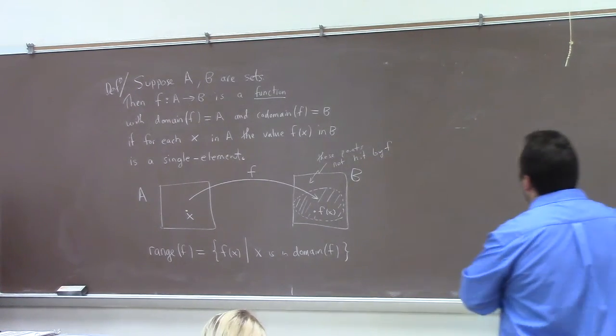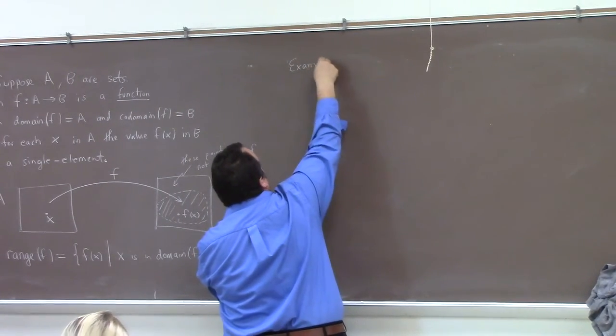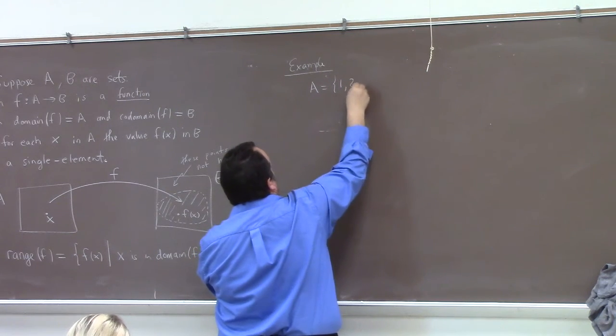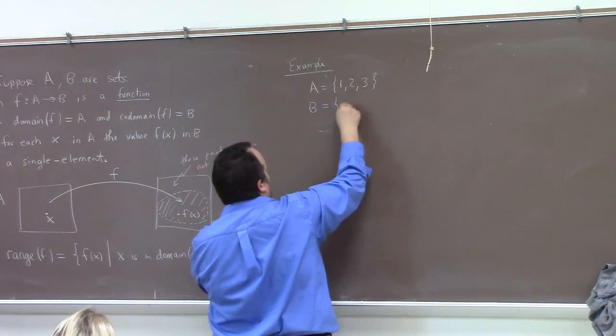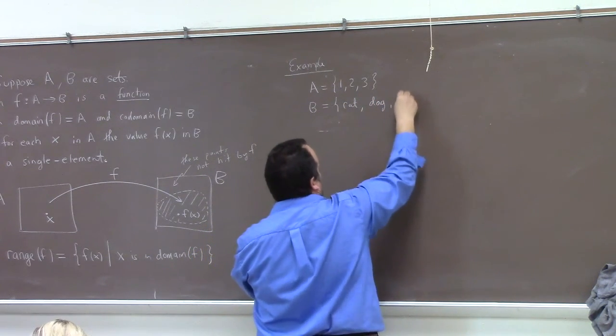All right. So I'll let A be the set 1, 2, 3. I'll let B be the set cat, dog, Naruto.